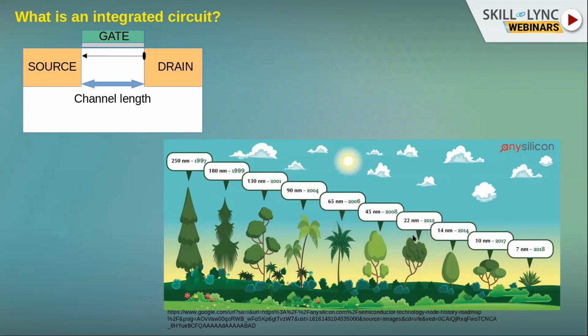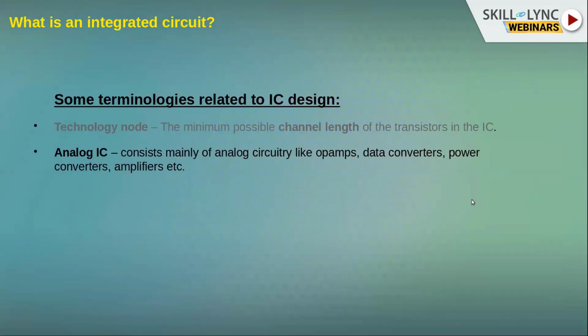So it's always good to know what it means to mention the channel length or the technology node of an IC. Another term that you'll be hearing in general is analog IC or digital IC. Their design and implementation are so widely varied that the design flow and the tools used are quite different.